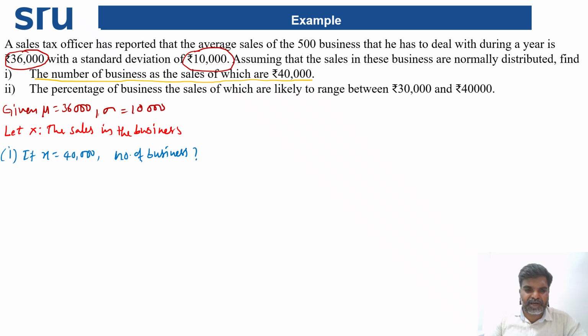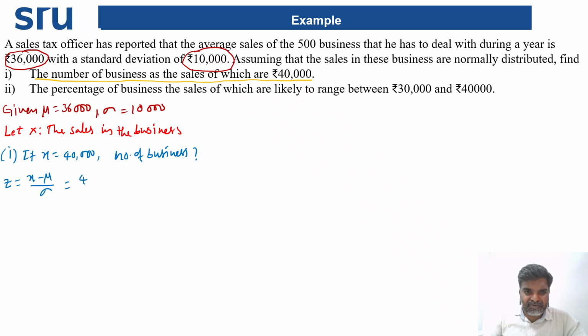Okay, this is the question. To find this value, first we have to find the corresponding probability. So I have to calculate the probability first. For that we convert this X into standard Z variable. Already you know the formula, Z equal to X minus mu by sigma.